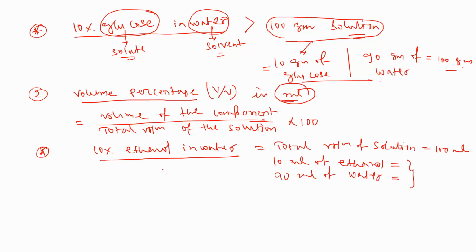In this way we can describe the solution quantitatively, in a volume percentage. 100 minus 10 equals 90. The total volume of the solution is 100 ml, so when 10 ml ethanol is present, 90 ml water is also present as the solvent. In this way we can describe volume percentage.